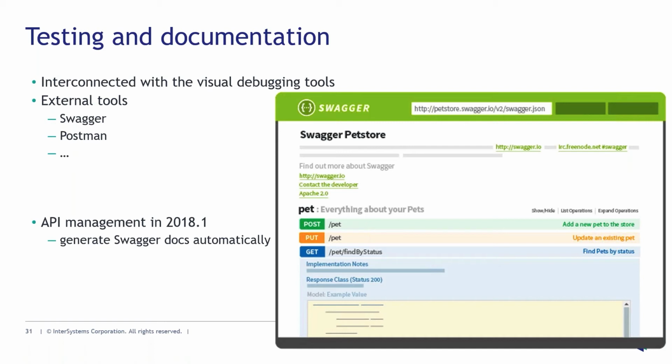Swagger is mostly documentation oriented, and Postman is mostly debugging oriented, but they can do each other's job somewhat. So it's all interconnected. Also, please note that in 2018.1 there is an API management which can generate Swagger documentation automatically for you. Could be useful.